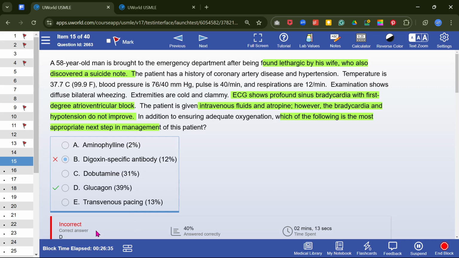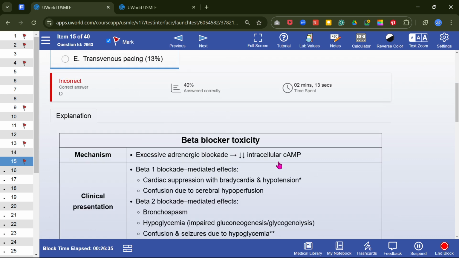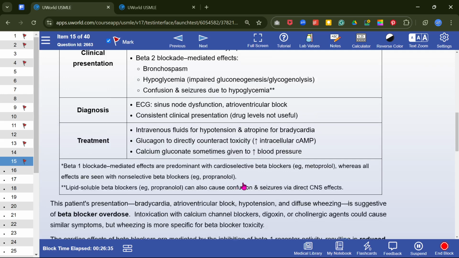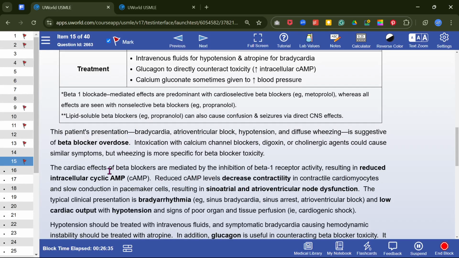So, yes, it is beta blocker toxicity. It is very hard actually, and we know that beta blocker causes hypoglycemia. Okay, we need to read this explanation.